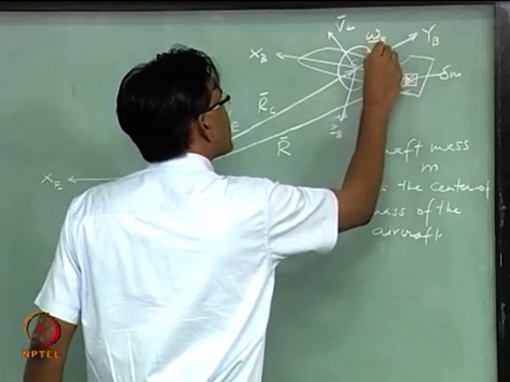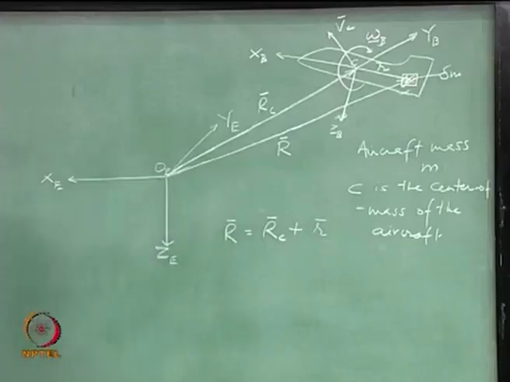I can write a subscript b attached to this, so that is the rotation of the aircraft in the body fixed axis system, okay, isn't it? So, it has three components P, Q, R, we know that, right: roll rate, pitch rate, yaw rate.